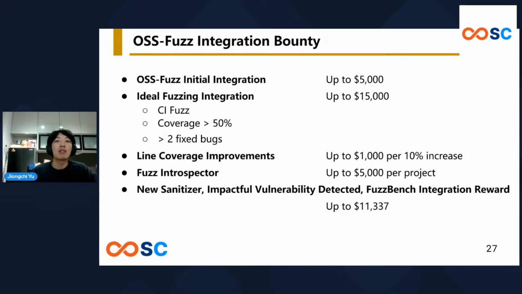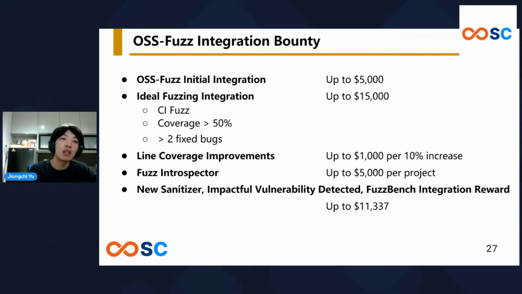At the request of the Google developers, I would also like to introduce the OSS-Fuzz integration bounty, which is a bonus for developers who help with OSS-Fuzz integration. The initial integration can be rewarded with up to 5,000 US dollars, depending on the impact of the integrated project. And for advanced fuzzing integration, there will be more bounty.